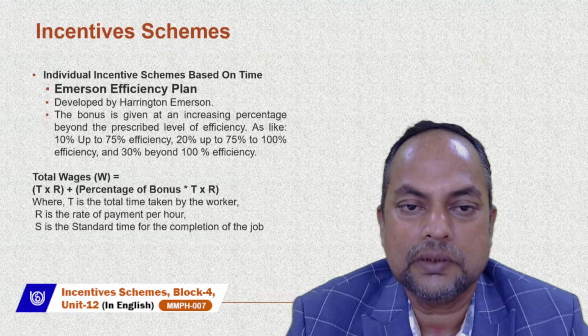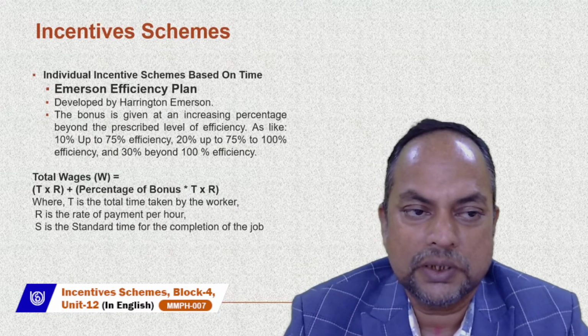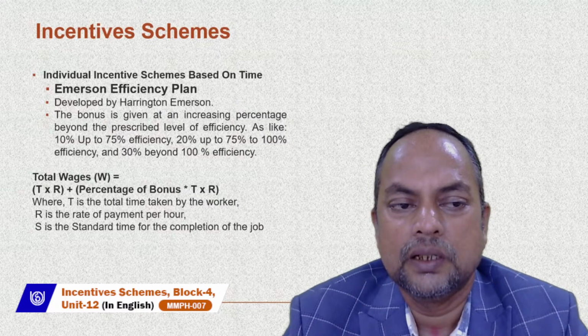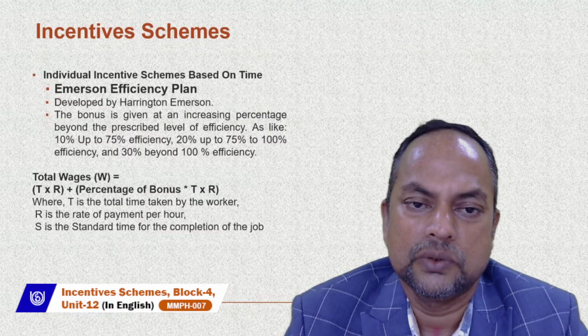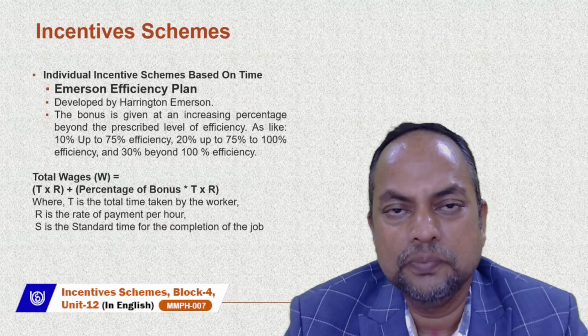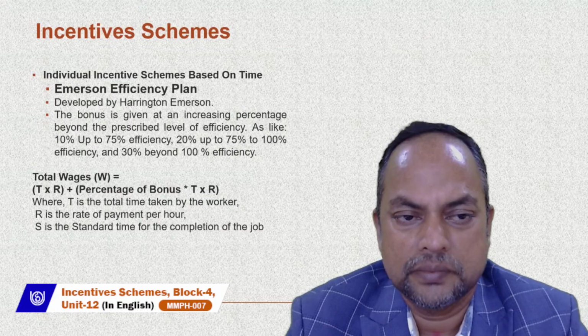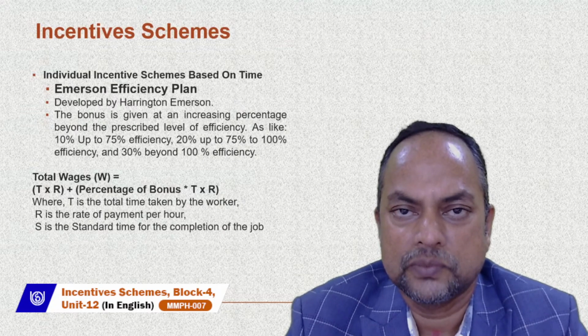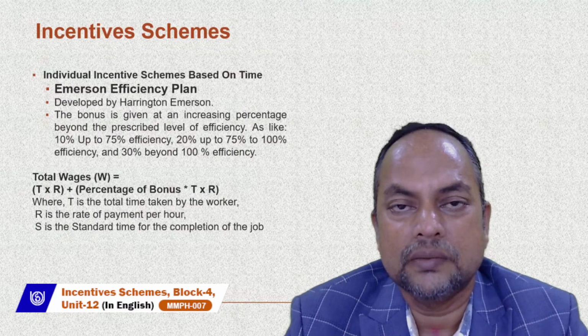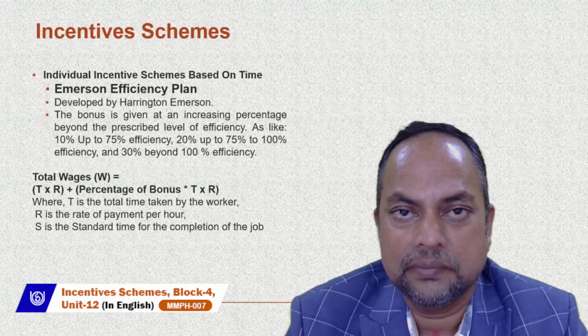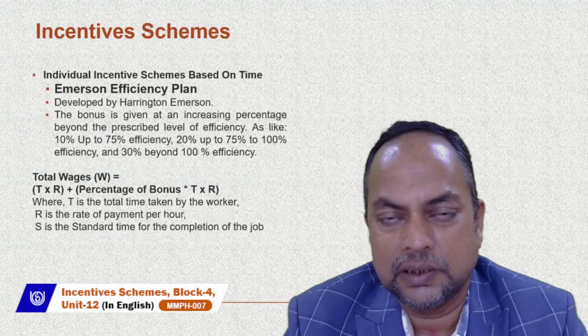So here what it happens, Emerson says that anyone who has accomplished the said target in less than the standard time is to be paid incentives.